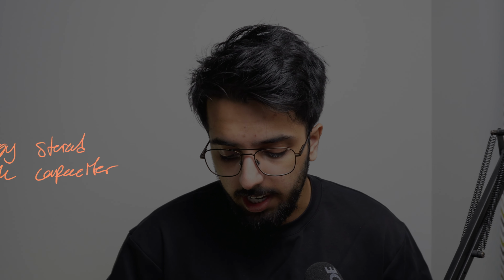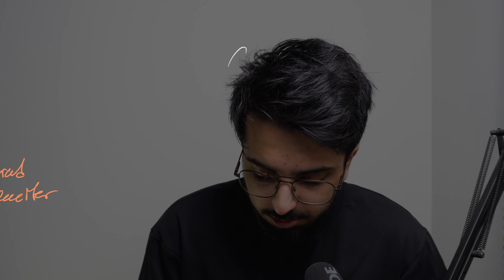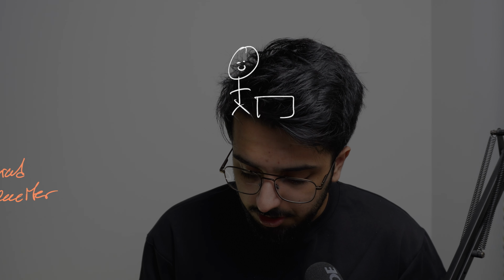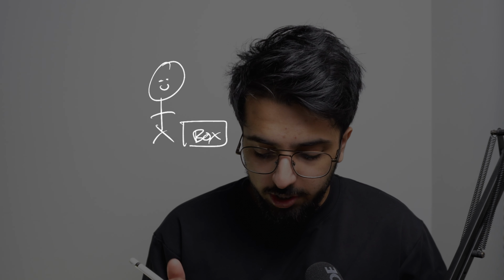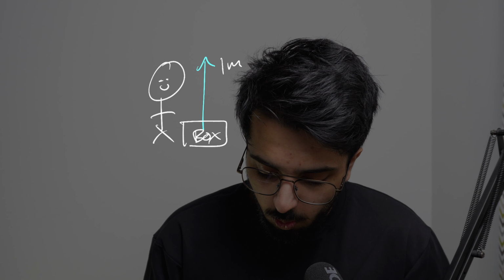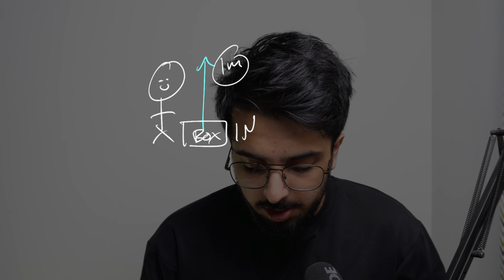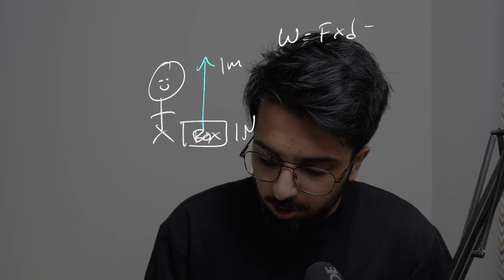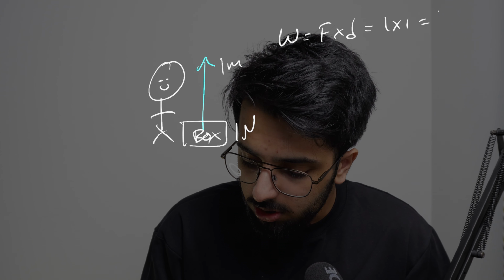The reason for this issue, this conundrum, becomes clear if we draw a parallel to what happens in mechanics. If we have little Timmy over here, and Timmy has a box that's on the ground, let's look at the work done required to lift this box 1 meter. Let's say it takes 1 newton of force to lift the box 1 meter, then the work done is equal to the force times the distance, therefore it's 1 times 1, and we get 1 joule of energy.